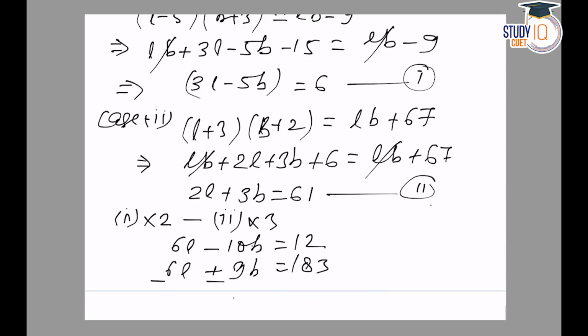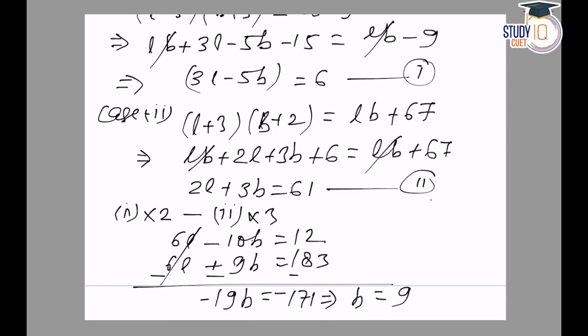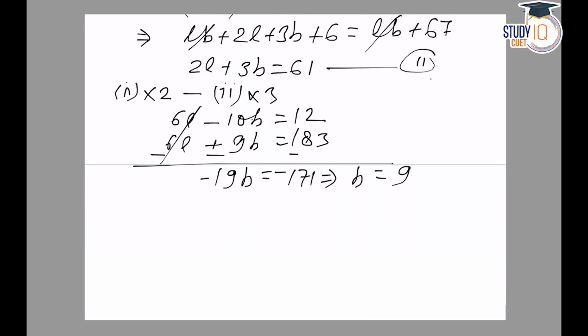So 6L cancelled, and minus 19B equals minus 171. So B equals 9. Now put the value of B in any one equation, we get L equals 17 meters. That is the answer.